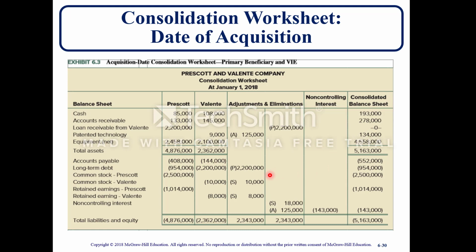We've discussed this in previous chapters: the consolidation entries S, A, and P, where S eliminates the owner's equity, P eliminates the long-term debt or any loans, and A is the allocation of excess fair value, in this case the patent technology. If you follow those entries, S, A, and P, they'll lead you to the consolidated balance sheet.